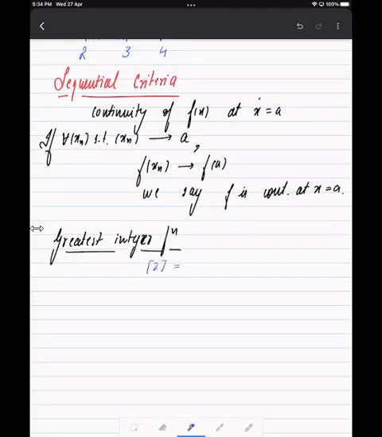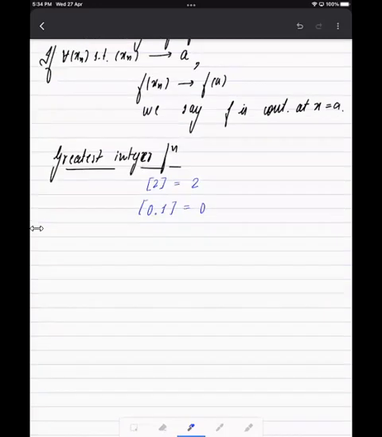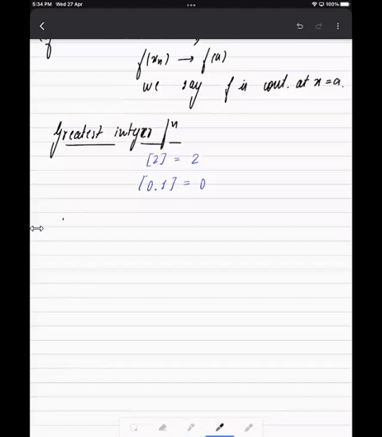It will be 2. And of 0.1 will be 0. Okay, fine, so you know about this. Now the Dirichlet function. The Dirichlet function is 1 when x belongs to the rationals, and 0 when x belongs to the irrationals.